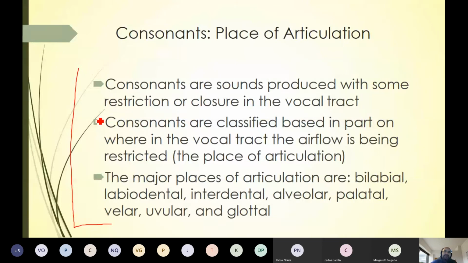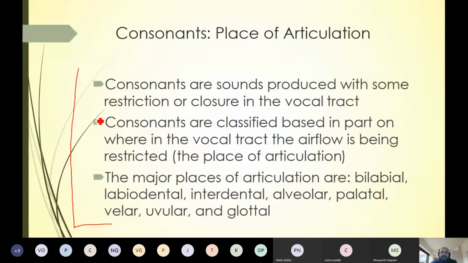Sometimes the airflow is stopped completely and then released with a sudden implosion. Sometimes the restriction just creates some sort of friction in some area of the vocal tract, more specifically in the oral cavity. And sometimes it's a combination of stopping the airflow and then releasing it gradually. That is something that we need to keep in mind when we're dealing with and classifying consonant sounds.